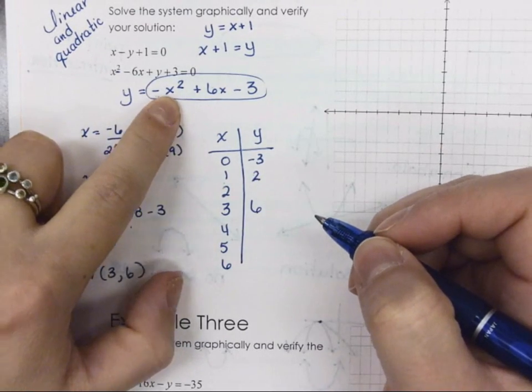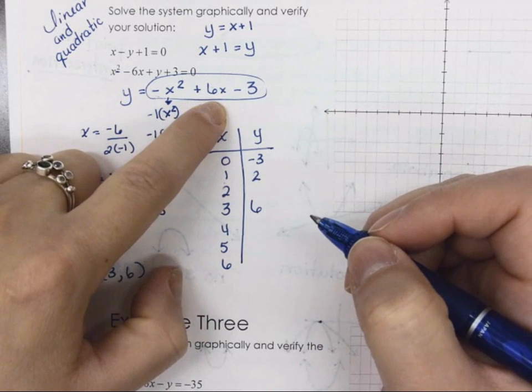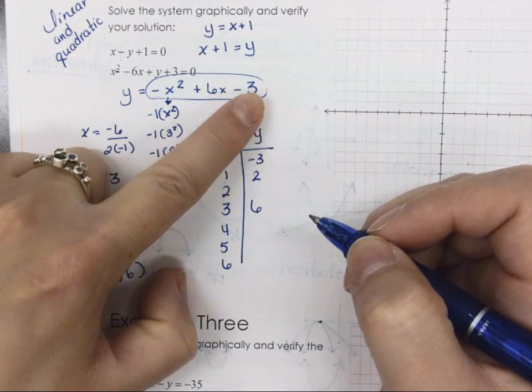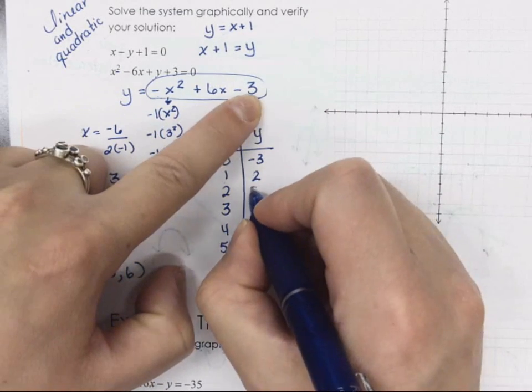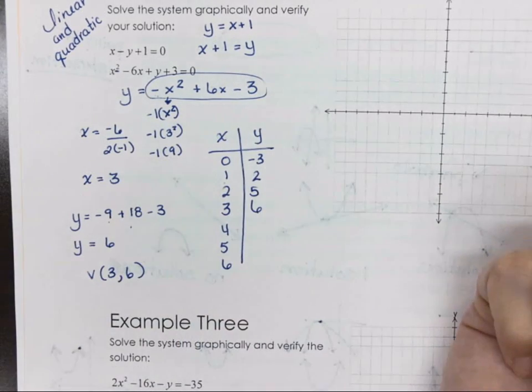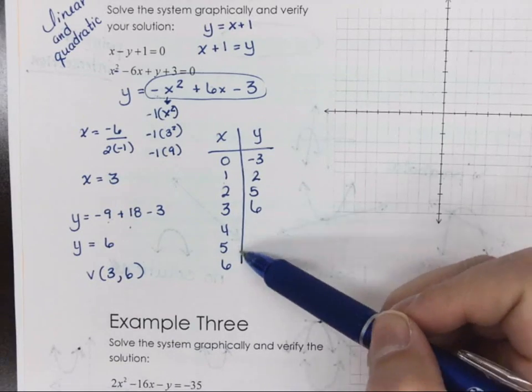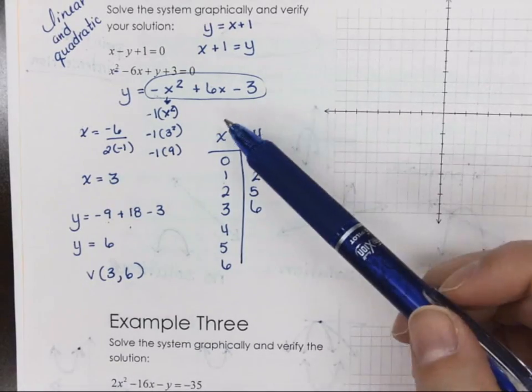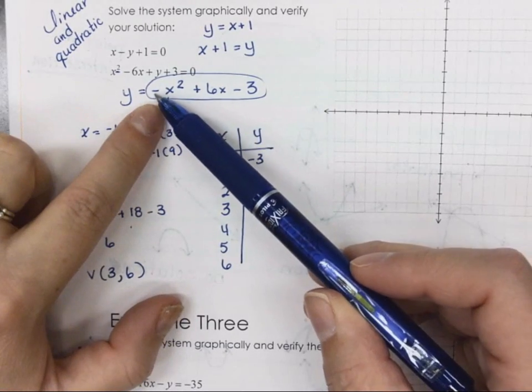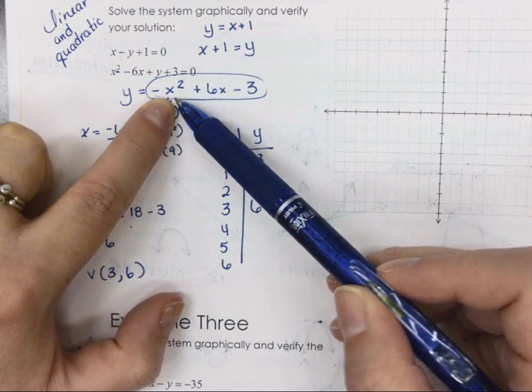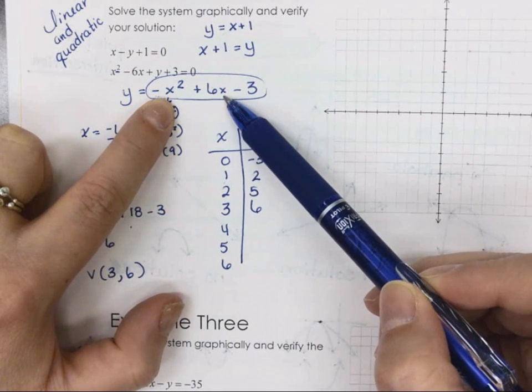Negative 4 plus 12, so 8. 8 minus 3 is 5. Now, if I've done all my math correctly, and that was a lot of mental math for me to do all at once this early in the morning, we know that it's symmetrical and it should be the exact same, but I don't trust my math. So we've got negative 16 plus 24.